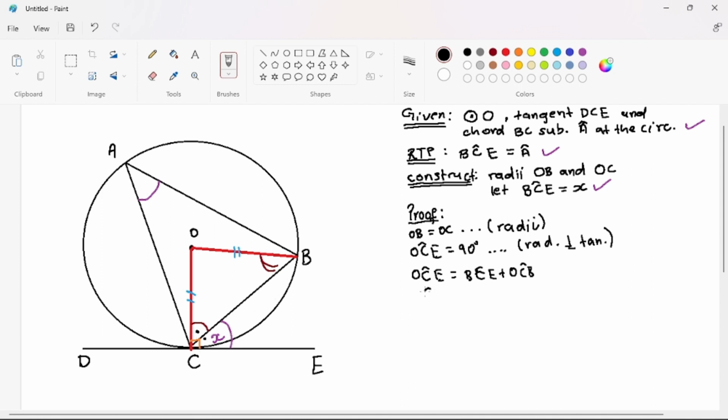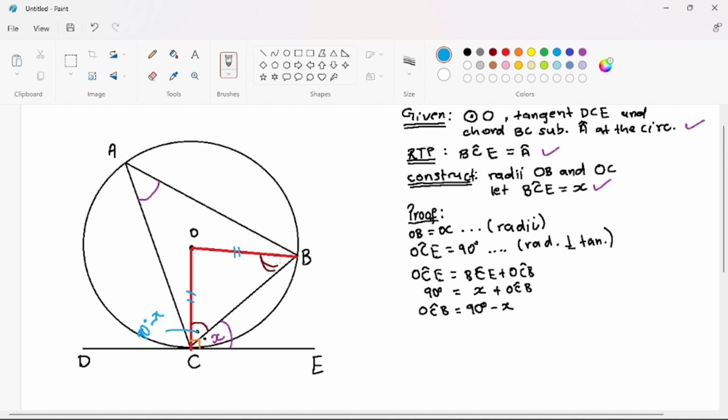We know that OCE is our 90 degrees and BCE is equal to x, and OCB is what we are looking for. When we transpose, we are left with angle OCB equal to 90 minus x. So we are going to include that on our diagram. That simply means this angle is going to be 90 degrees minus x.